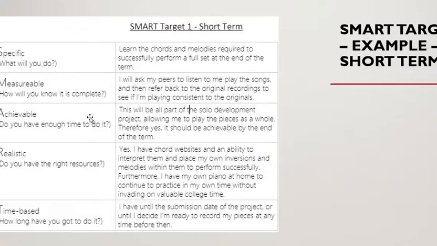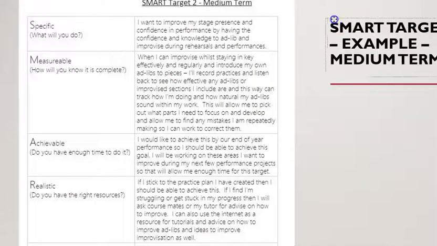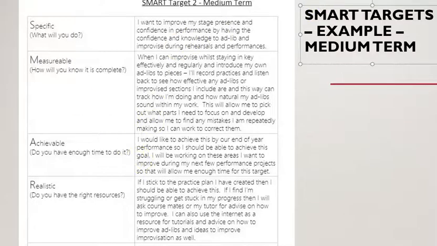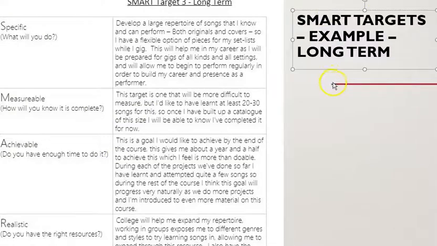Just to reiterate, the short term, as a timeline, is the next week or two. Medium term, I'm looking at the next month. And long term, I'm looking at up to a year or a whole term, at least a whole term, so pretty much three months, what you can achieve.